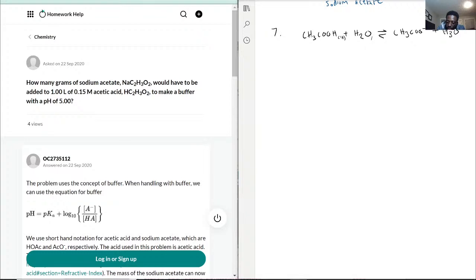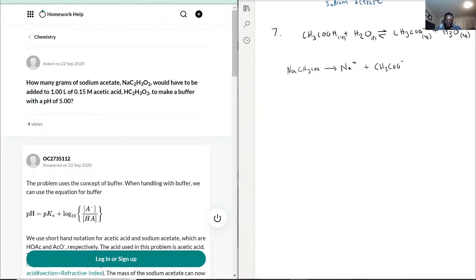The reason why we write it like this, and you're probably wondering, where is the sodium acetate? There's a side formula here: sodium acetate just completely dissociates to form sodium and CH3COO minus.